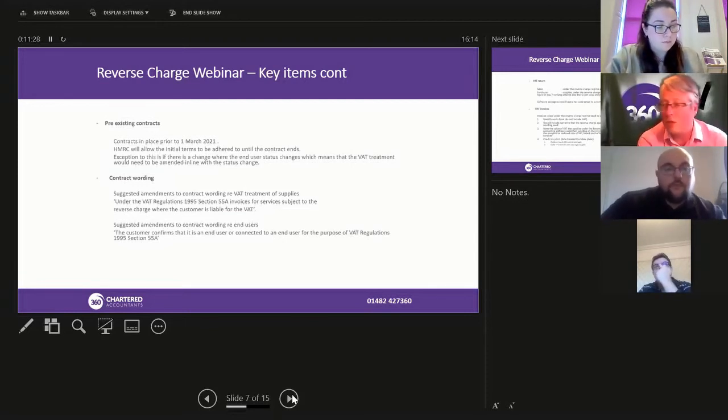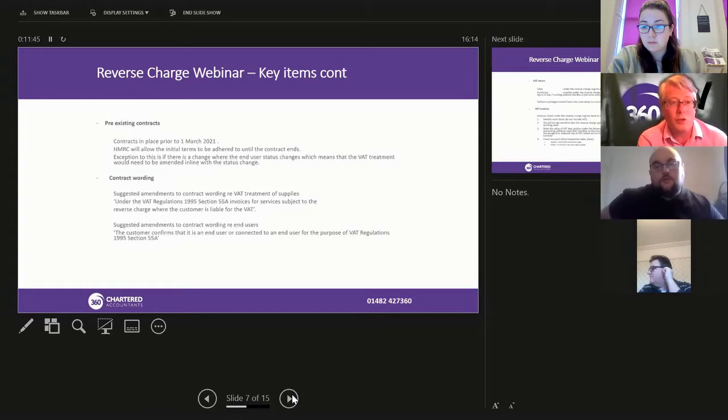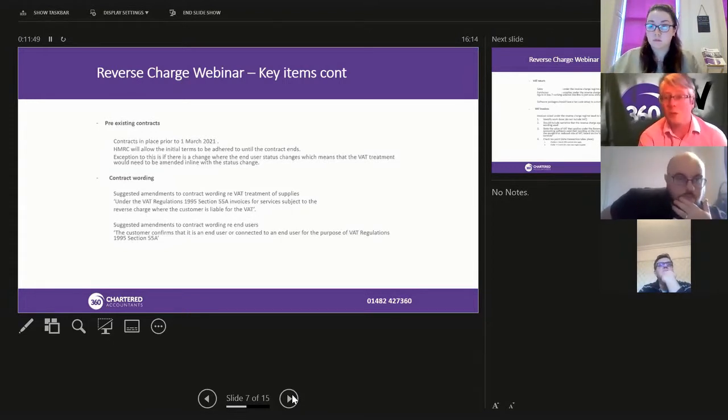If the work has been done prior to the 1st of March, then it would fall within the old regime, which would be normal accounting. If you've done the work and invoiced it after the 1st of March, then it falls within the new reverse charge. So you need to have a look at where your contract dates and where you place the time of supply, i.e. when you're doing the work, when you're invoicing it, where it falls.